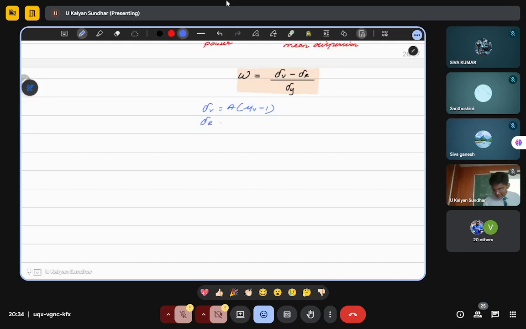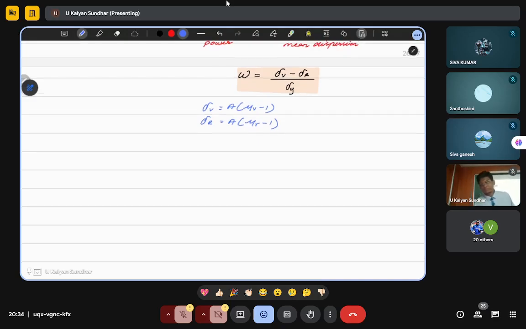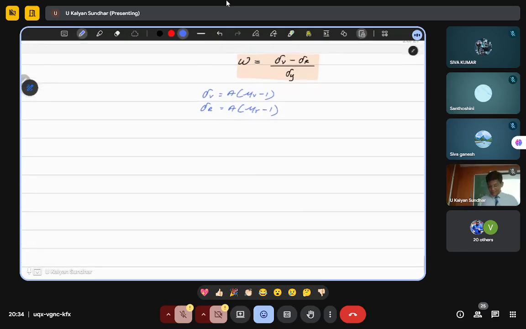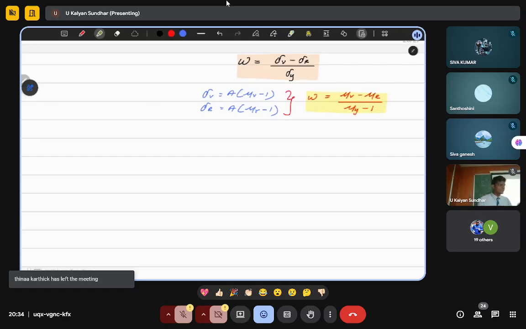Similarly for the red color, A into mu r minus 1. So by applying this in your omega value, omega will be equal to mu v minus mu r divided by mu of yellow minus 1. This is going to be your dispersive power, which is on the state board and is also carried forward for your JEE. So this is about thin prisms.